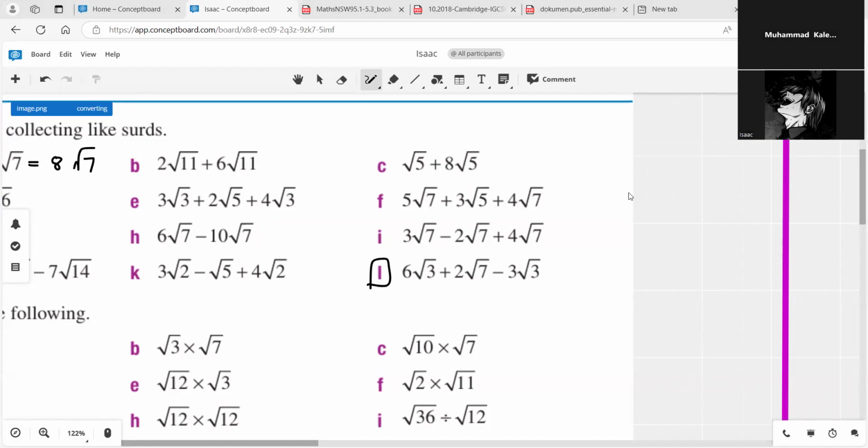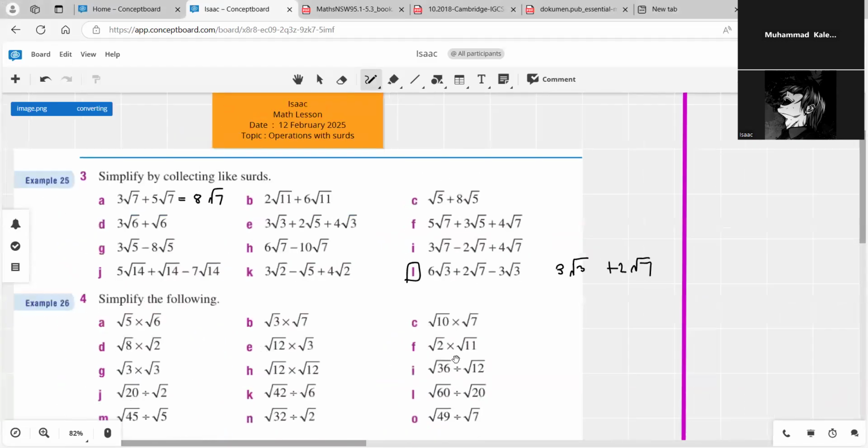I mean, no, no. It's 3 root 3 plus 2 root 7. Yeah, that's true. 3 root 3 plus 2 root 7.